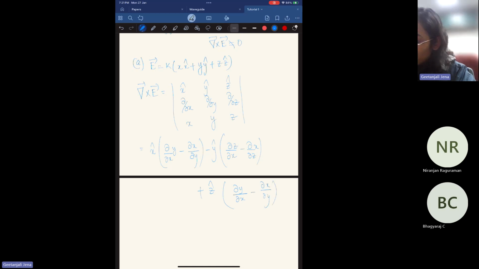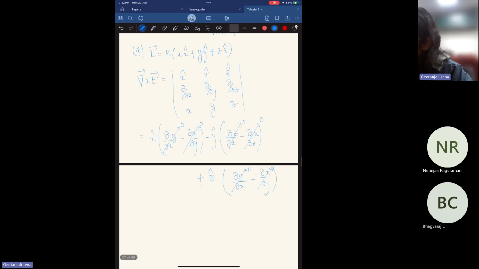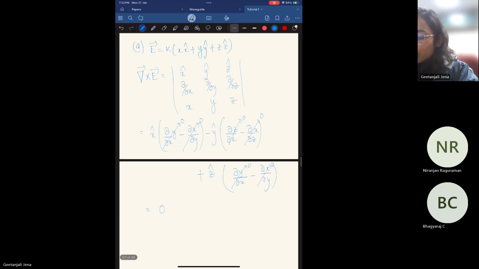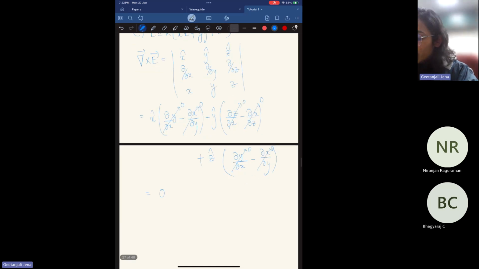And you can see here dou y by dou x is 0, dou z by dou x is 0, dou x by dou z is 0, and dou x by dou y is 0. That means for this field the curl is 0. That means it's an electrostatic field, so it doesn't represent a time varying magnetic field.